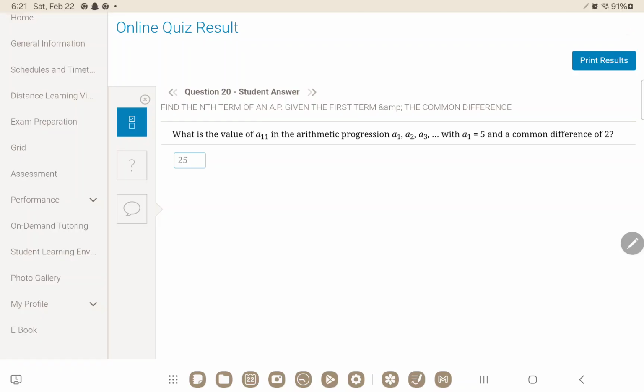Here, they want the 11th term in this arithmetic progression. Now, in an arithmetic progression, we have to memorize 1 or 2 formulas maximum. So, AM is AN plus M minus N times the difference.